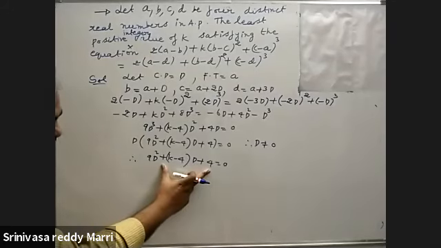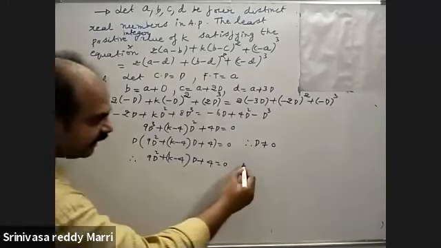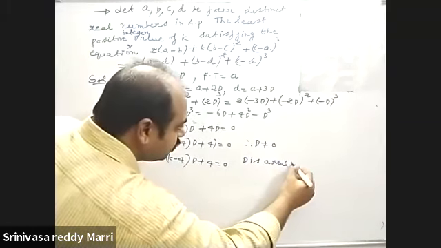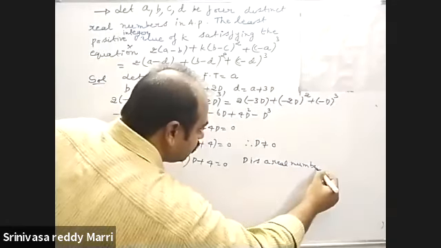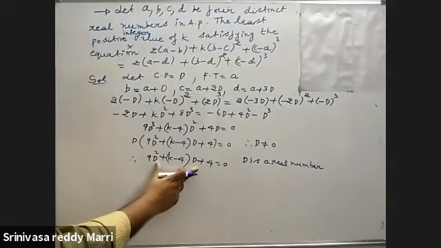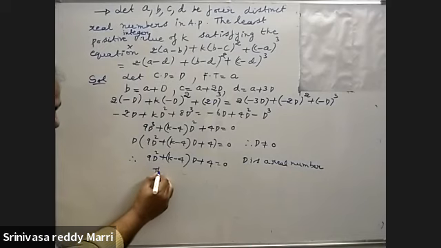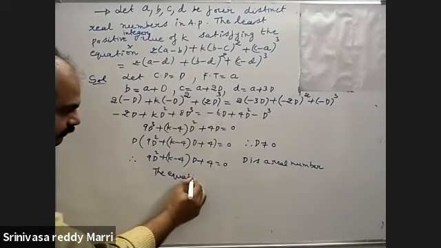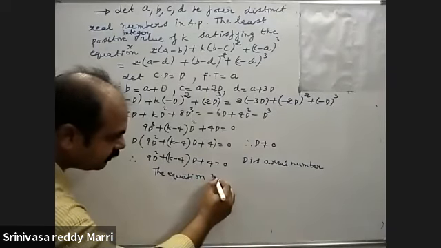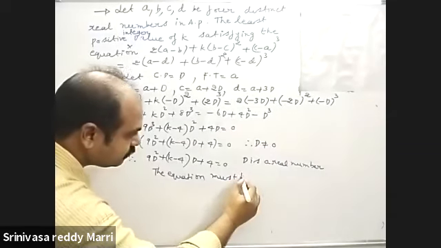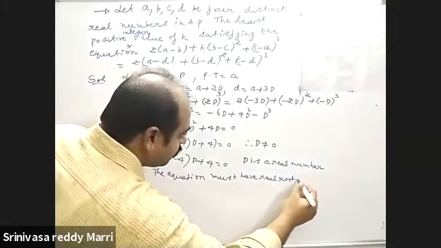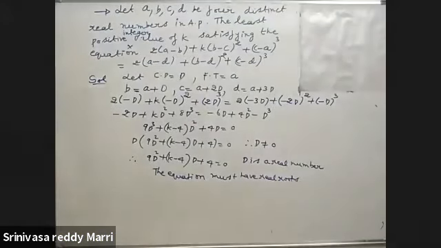This is a quadratic equation in D. D is the common difference, so D is a real number. That means the equation must have real roots.